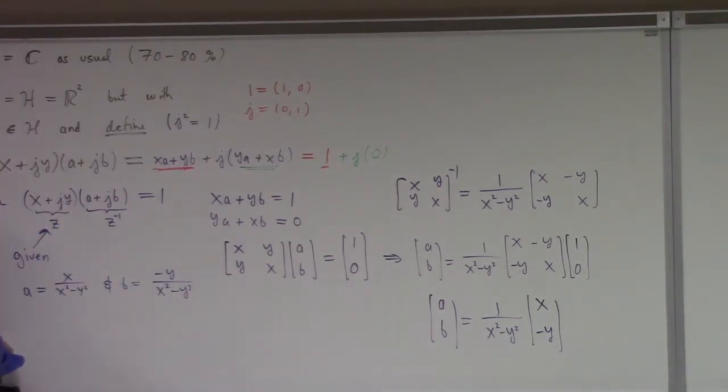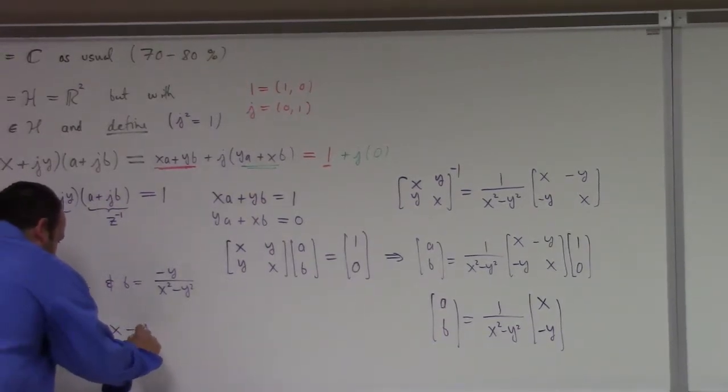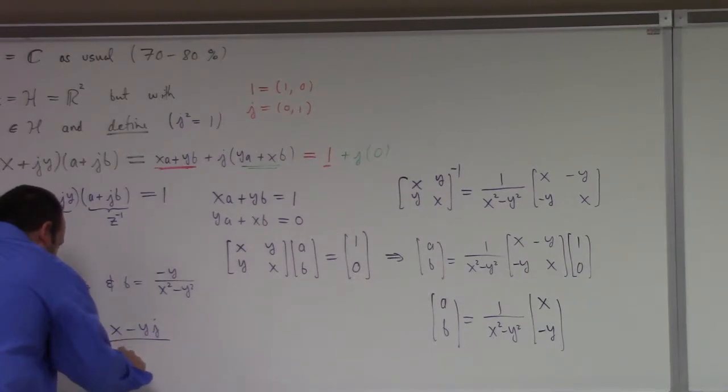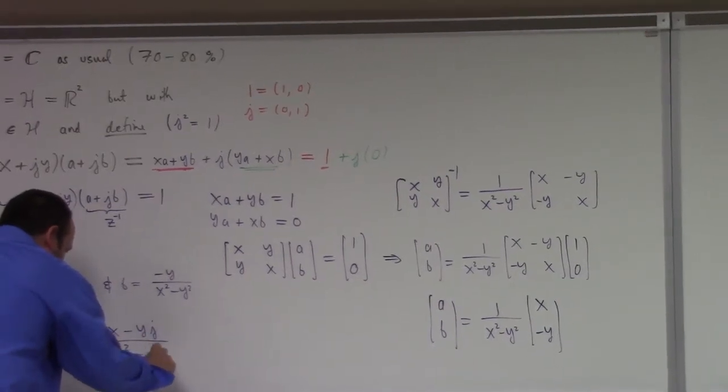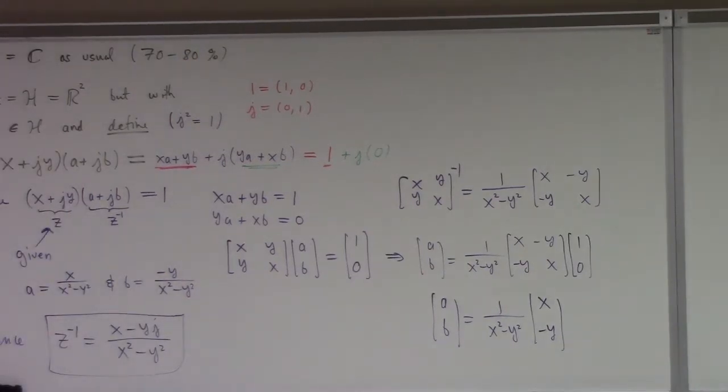Hence, z inverse is actually equal to x minus yj divided by x squared minus y squared. So there you go. We just worked it out. That is the formula for the multiplicative inverse of a hyperbolic number, which we can derive by brute force, like I just did.